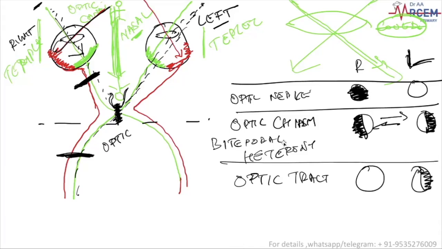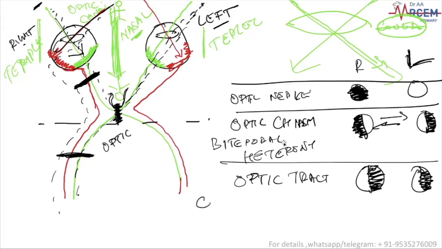On the right side, what happens? On the right side, this is the nasal, and nasal. So the nasal region will be lost. Both are on the same side. One is lost on the nasal side, another on the temporal side, opposite. This is known as contralateral homonymous hemianopsia.